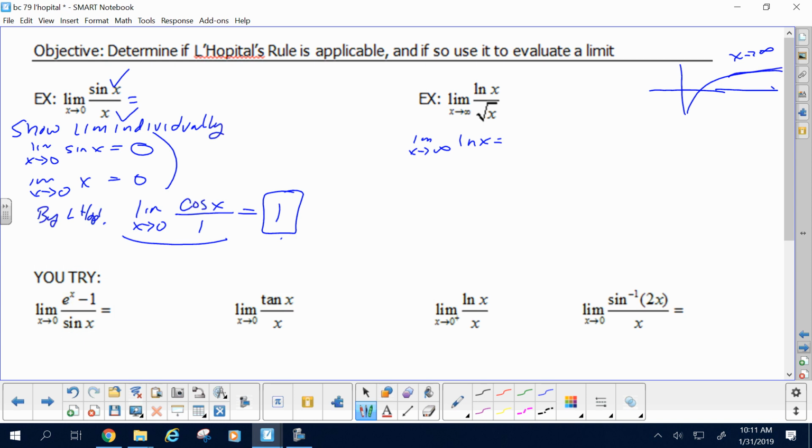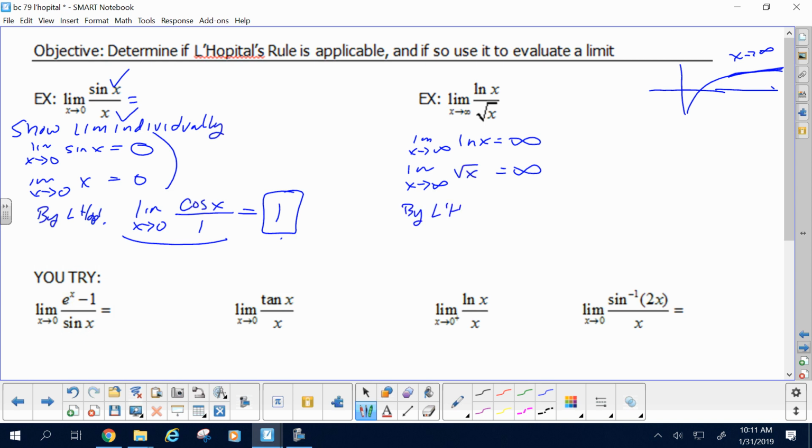Isn't y getting bigger? Okay, so the limit is infinity. Log of big is big. What about the square root in the denominator? It also will get bigger. The bigger the number you square root, the bigger the result is. And so this is an indeterminate form.